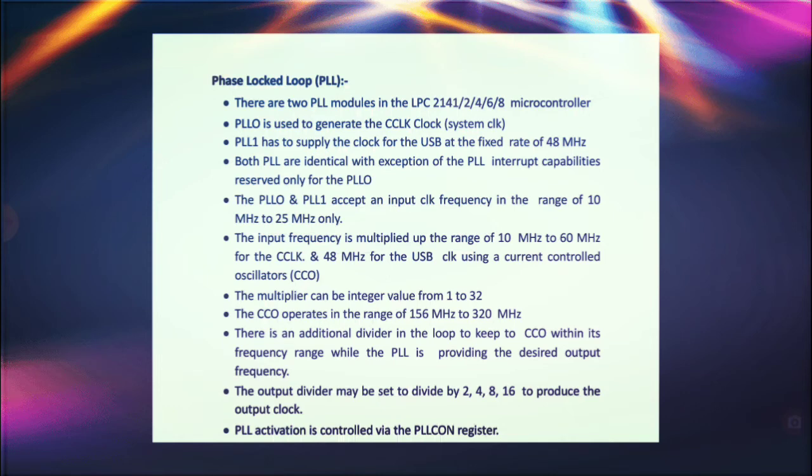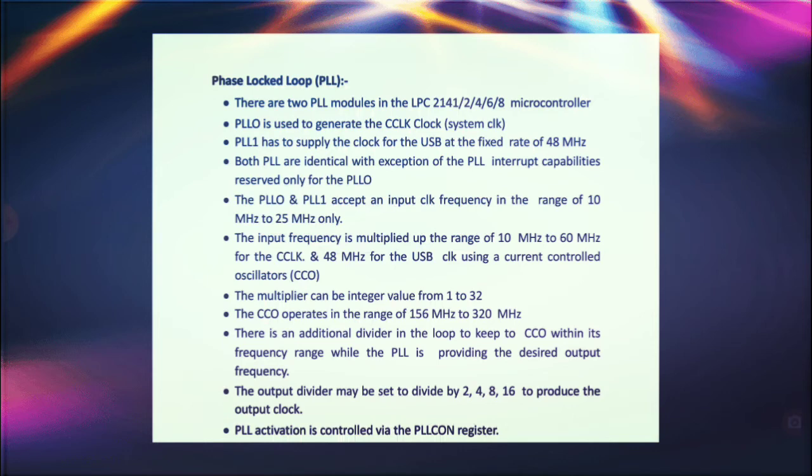Both PLLs are identical with the exception of the PLL interrupt capabilities reserved only for PLL0. PLL0 and PLL1 accept an input clock frequency in the range of 10 MHz to 25 MHz only. The input frequency is multiplied up to the range of 10 MHz to 60 MHz for the CCLK and 48 MHz for the USB clock using a current controlled oscillator.